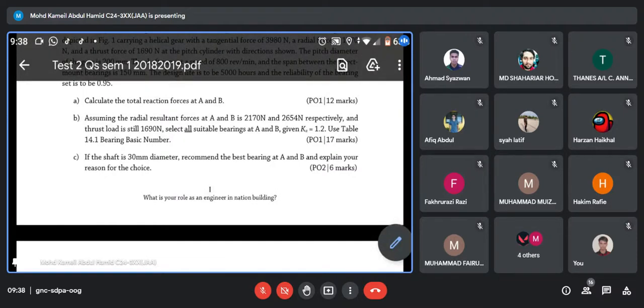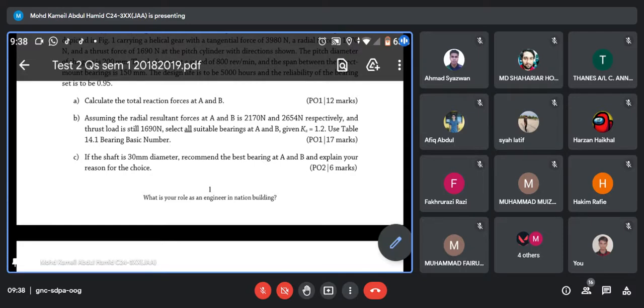So that would be your choice. Okay, for selecting 304 series for bearing A, and for bearing B you check juga what is the value for bearing B, what is the best choice.